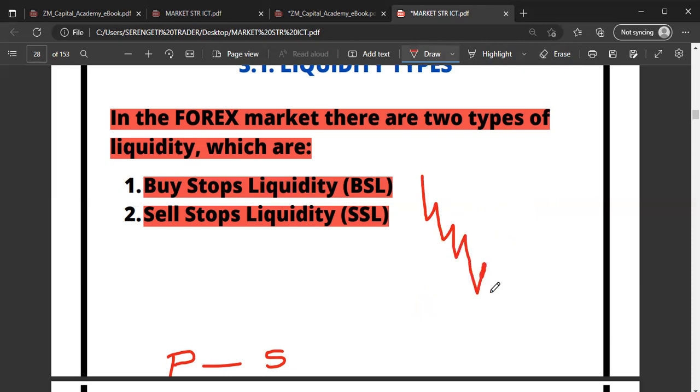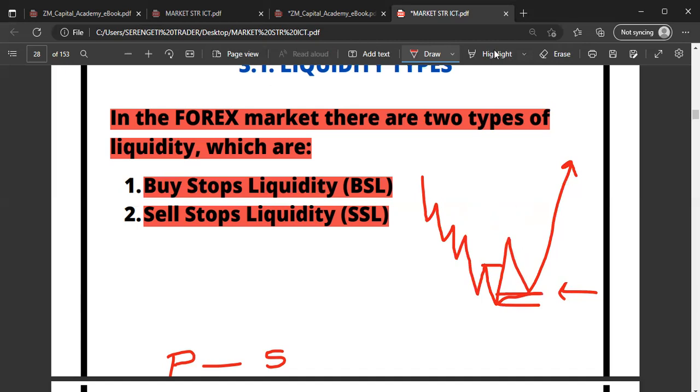And then maybe we created this change of character. So we wait for a retracement to our order block, and then we continue buying. So this area here is the best time for you to buy. Why? Because it is below, so it is in discount price.